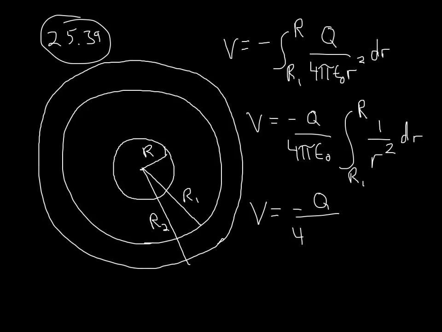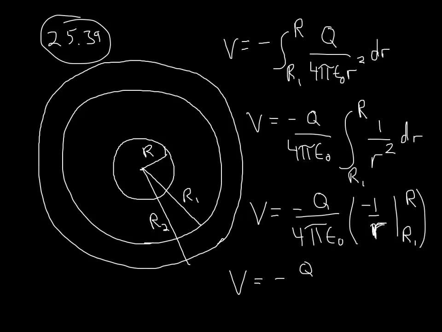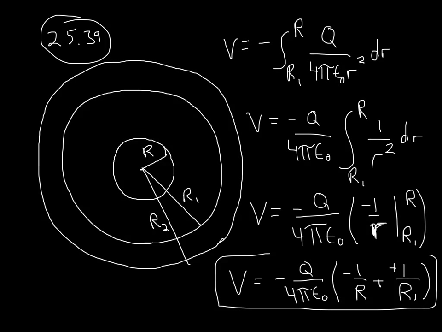So I have my negative q over 4 pi epsilon naught times negative 1 over r, evaluated at my endpoints r1 and R. And I plug in and evaluate this to get my V as negative q over 4 pi epsilon naught times negative 1 over the final endpoint, minus a negative 1 over my initial endpoint. So those become pluses. And I get my final potential like so. And that's problem 25.39.